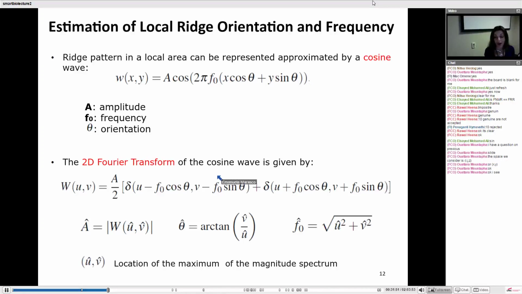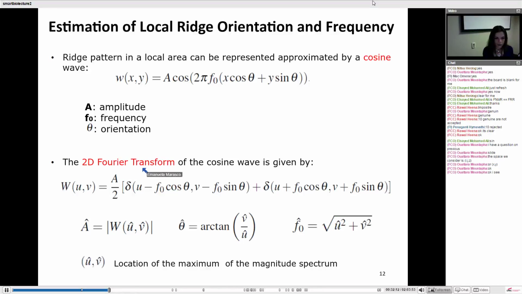Then we use the 2D Fourier transform of the cosine wave, which simplifies our computation very well. And then we can see mathematically the concept that we explained a few minutes before. So there is a mathematical formulation associated.